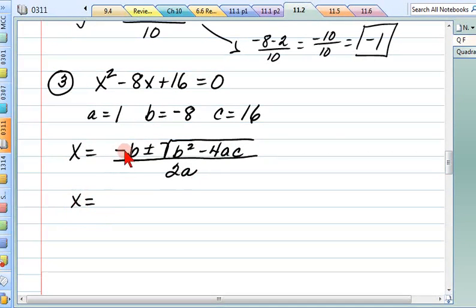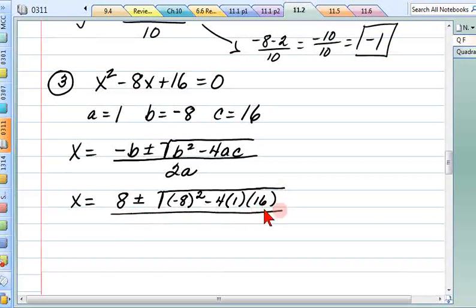When it says negative b, and the b value is negative, that means that you write down positive 8 plus or minus the square root of. It is negative 8 in parentheses squared minus 4 times a 1 times a 16. And all of that over 2 times 1.